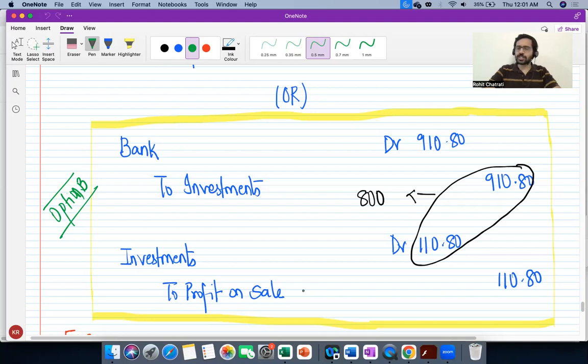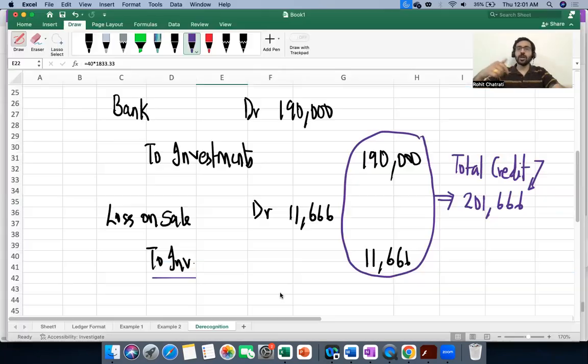Gain on sale of investment or any profit on sale is supposed to be credited, and therefore investment was a debit. Over here we had a loss, and all losses are supposed to be debited. Therefore we are debiting the loss, and the credit is going to investment. So investment is taking the opposite signage. Losses will take debit, investments will then take a credit. Gains will take the credit and investment will take the debit.